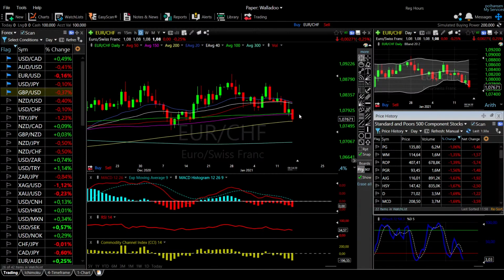I will make a course on how you can make your own scans, how you can program your own scans. My scan, in the beginning, is not completely finished, but one of the parameters I focus on is when a stock or a currency is significantly oversold.